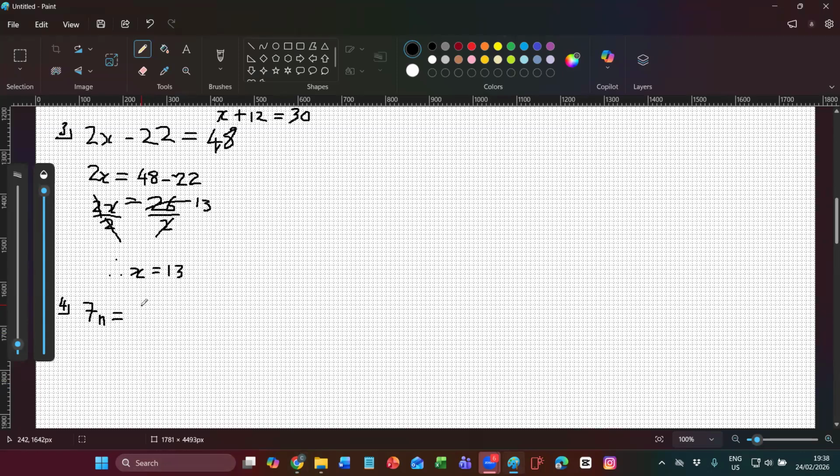Did you notice they said 36 less than? 10 times n, because it's the same number they're talking about. 36 less than 10 times the number. Do you see this interpretation?